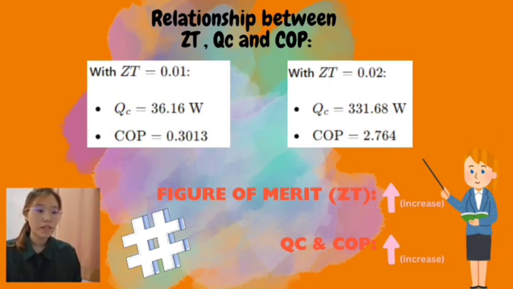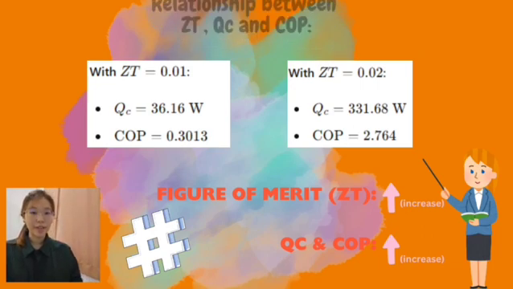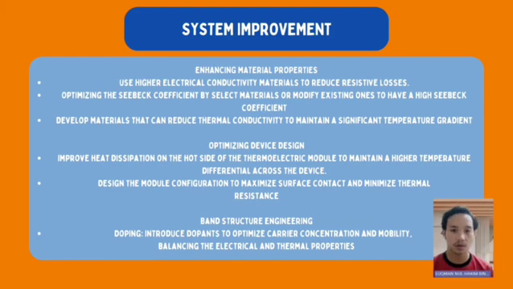is enhancing material properties. We use higher electrical conductivity materials to reduce resistive losses. Then, optimizing the Seebeck coefficient, which in terms of thermodynamics corresponds to the amount of entropy dragged along with the flow of charge inside a material.